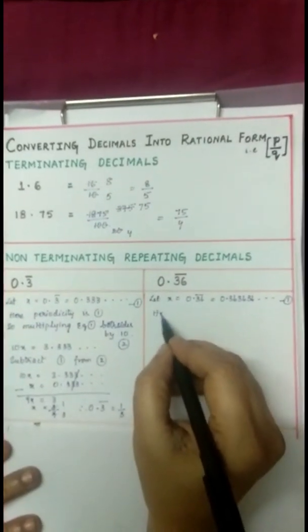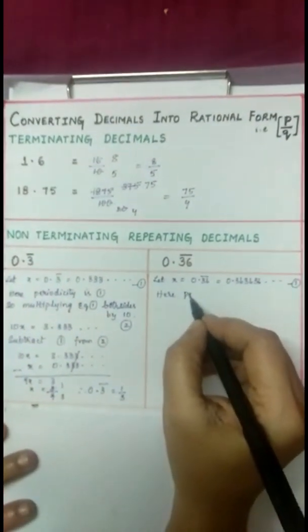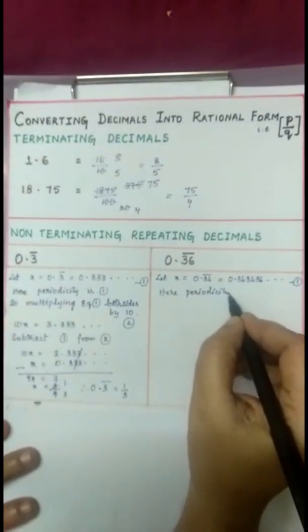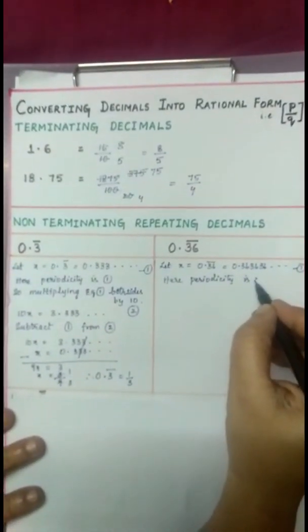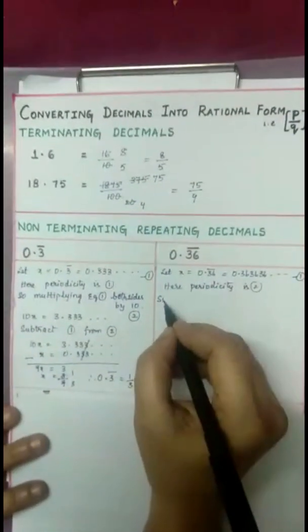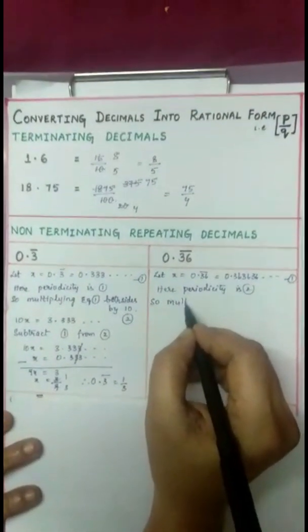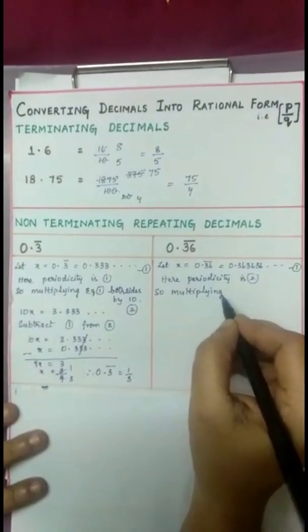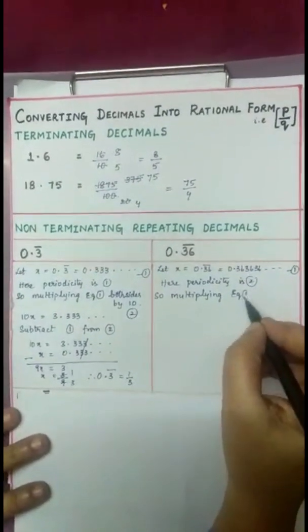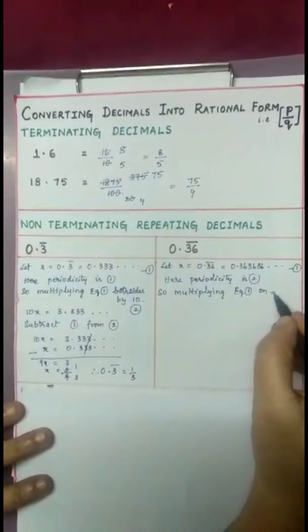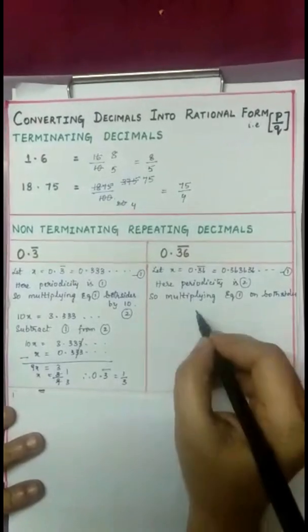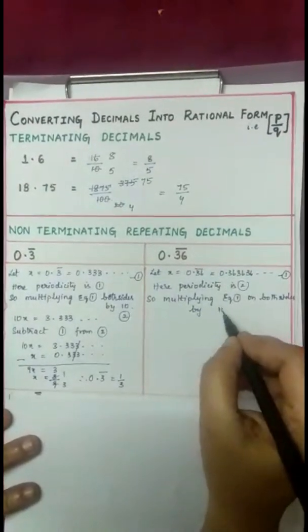Now here the periodicity is 2, so we have to multiply equation 1 on both sides by 100.